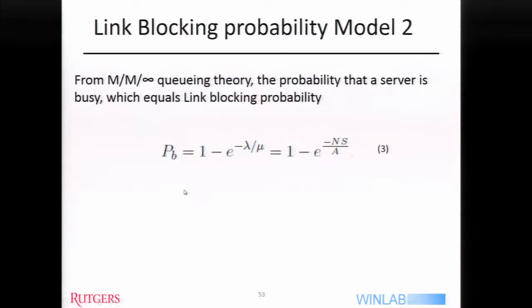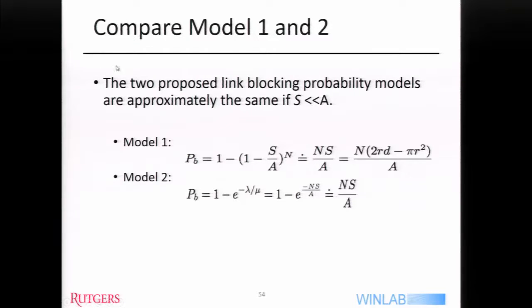After we get lambda and mu, then from M/M/1 queuing theory, we can know the probability that a server is busy, given by equation 3, and with lambda and mu we get this equation. If we compare these two models, if the blockage region is much smaller than the area size, these two models will get the same result, if S is much smaller than A. That means both models can be used.